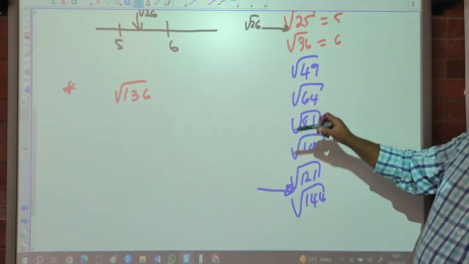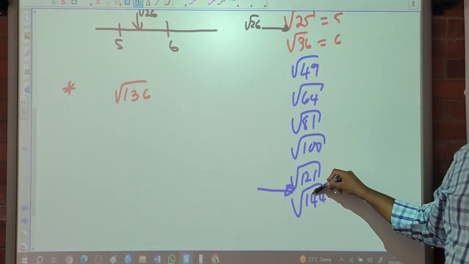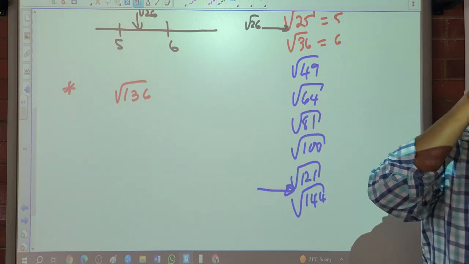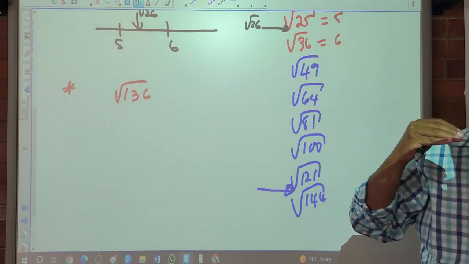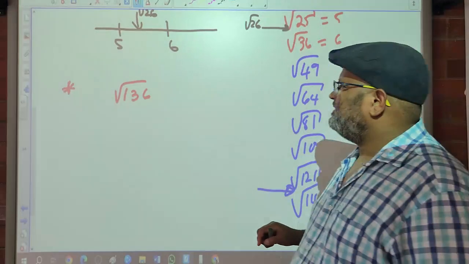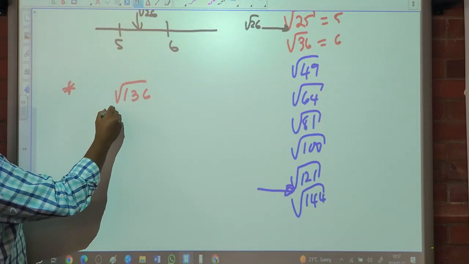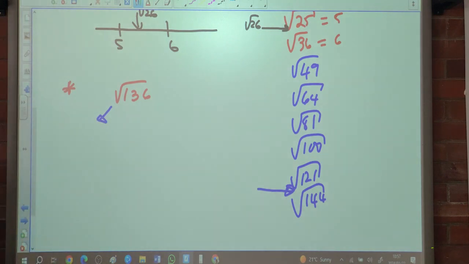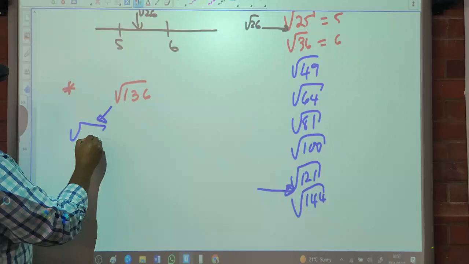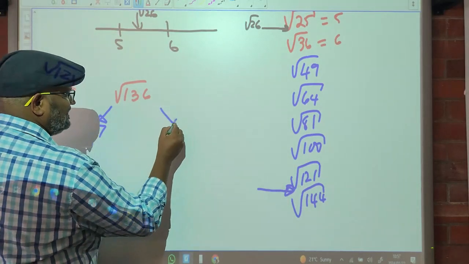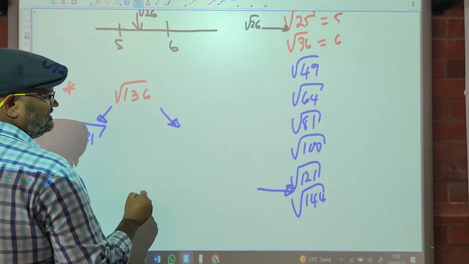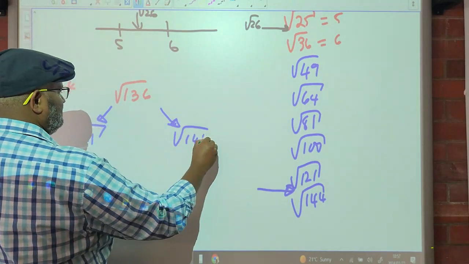Now, do we have to list all these numbers here? No. I'm just showing you what your thinking process should be. You guys understand? Am I moving too fast? Okay. So that means to the left of the square root of 136 is what? 121. The square root of 121. And to the right of 136? 144.